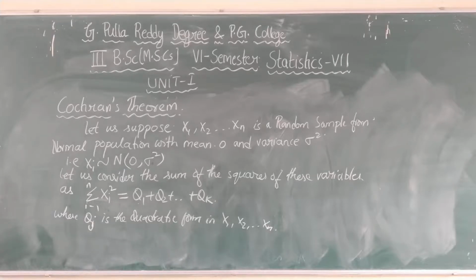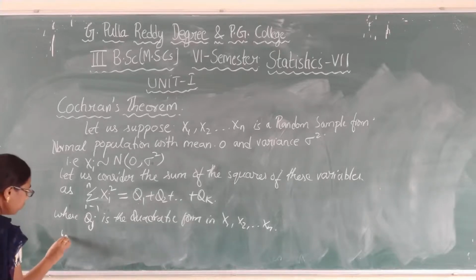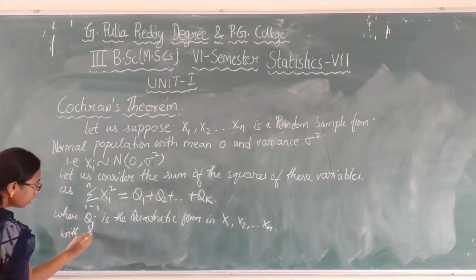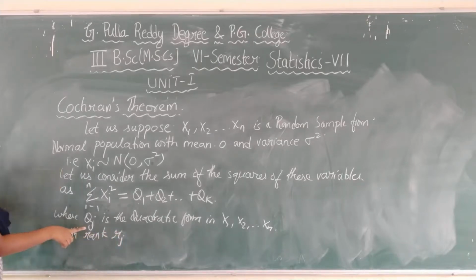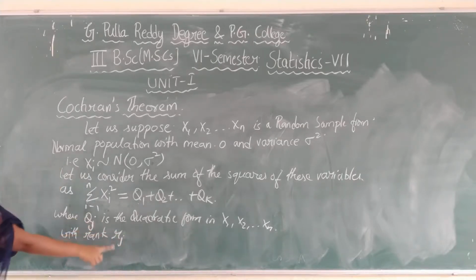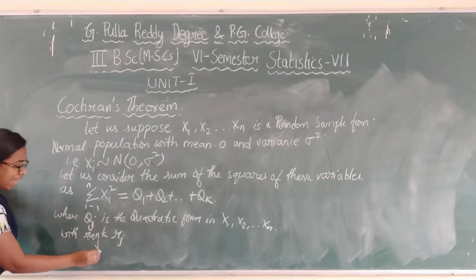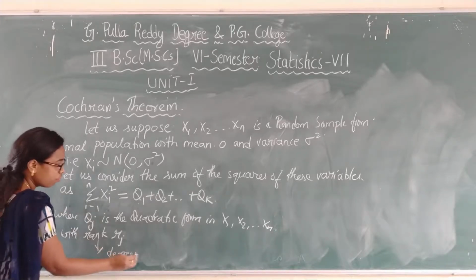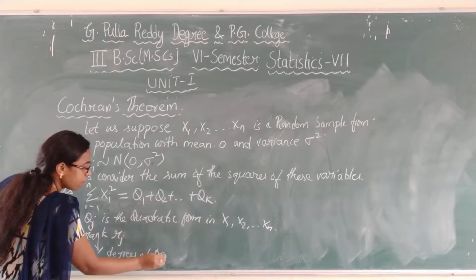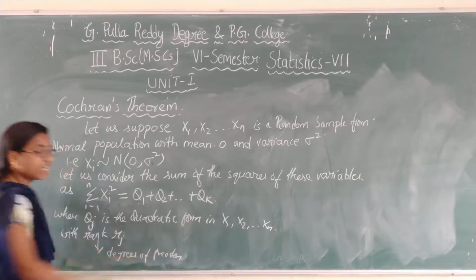with ranks Rj. So that means for Q1 the rank will be R1, for Q2 the rank will be R2, like that. For Qk the rank will be Rk. So what does rank indicate here? Rank indicates the degrees of freedom. So what are degrees of freedom?